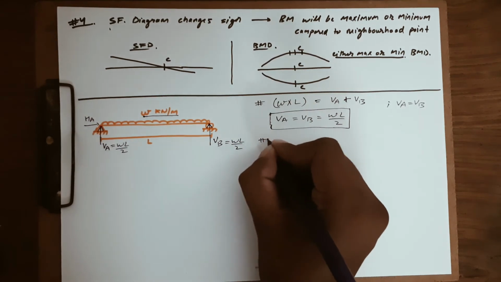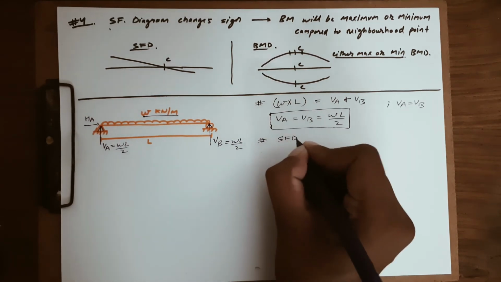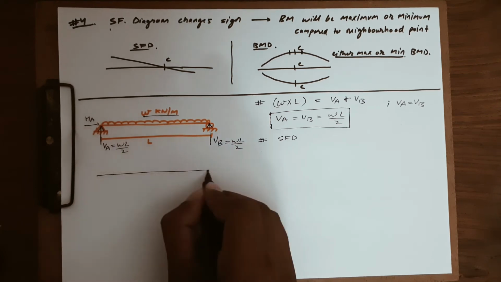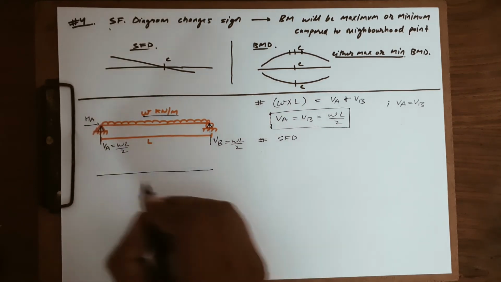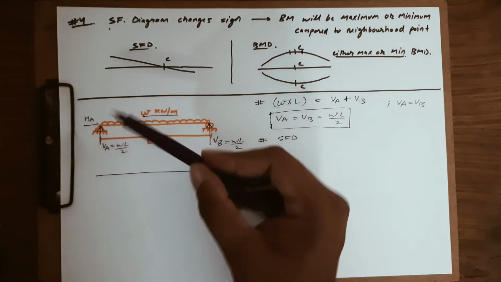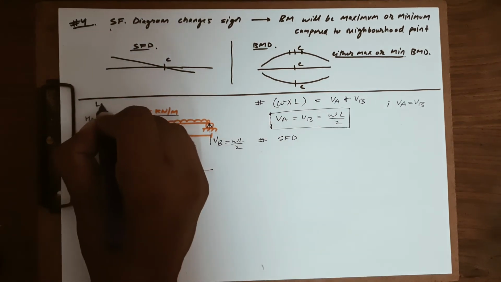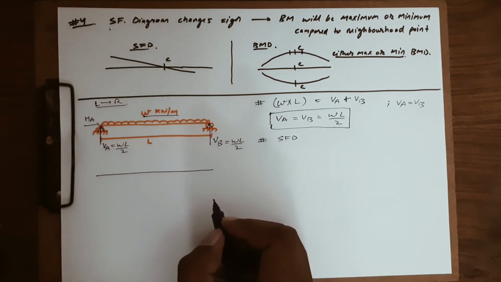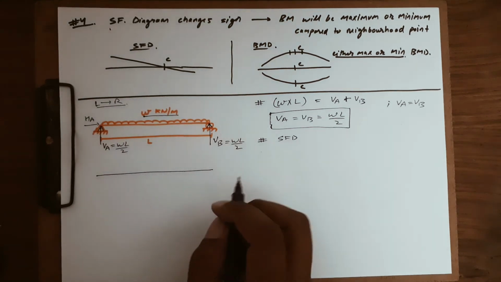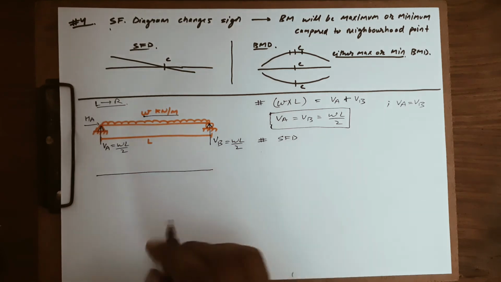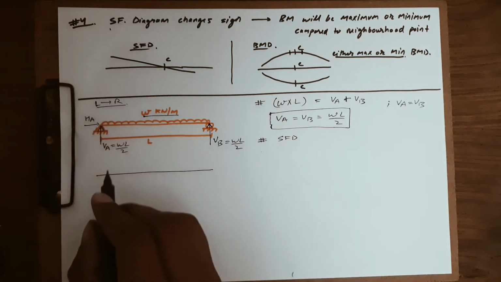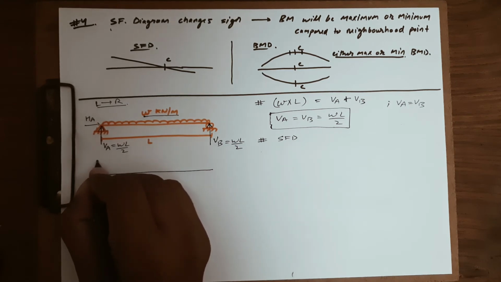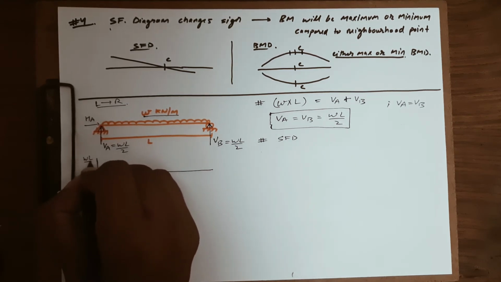Now we have to find the shear force diagram, SFD. So this is the beam, and the upward force is acting, and we are going left to right. We are using the sign convention that upward means positive and clockwise means positive. In shear force we use upward force as positive, so that is WL by 2.